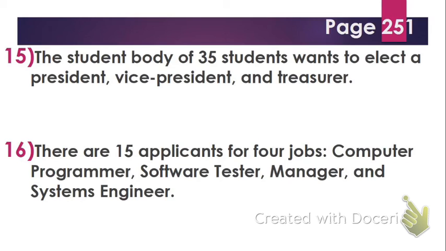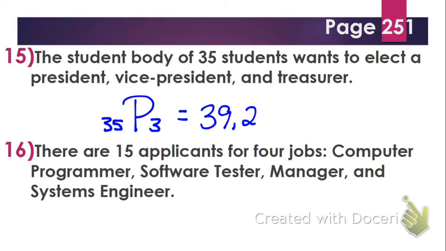If they're going to pick out a president, vice president, and treasurer, will those 3 people have the exact same job responsibilities? So combination or permutation? Permutation. So I have 35P, and we're going to pick 3. How many different ways can this group of people select their president, vice president, and treasurer? 39,270.